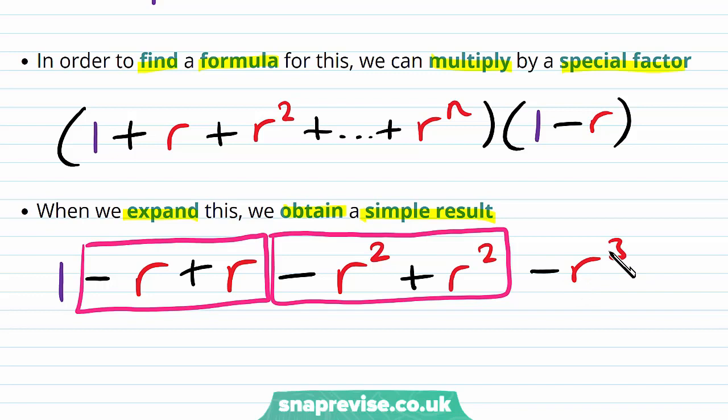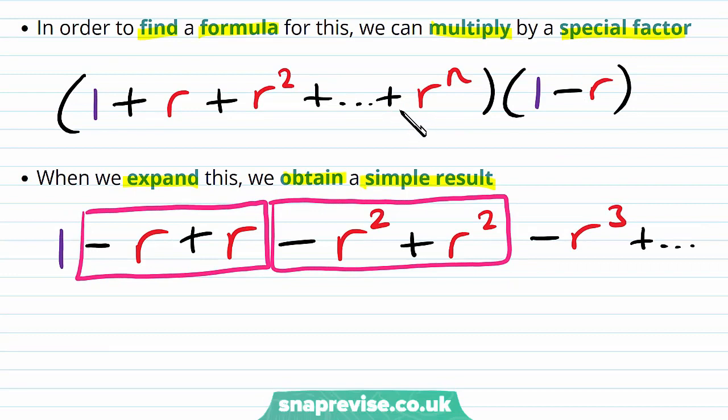But by continuing on and looking at the end of this, if we consider our term just before the last term, so r to the power of n minus 1, the second to last term, being multiplied by the 1 and the minus r, well, r to the power of n minus 1 times 1 will give us just plus r to the power of n minus 1. And then we have the r to the power of n minus 1 in here, multiplied by the minus r, which gives us a minus r to the power of n.